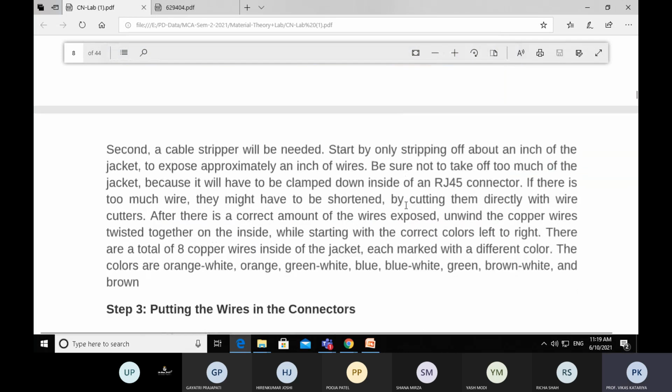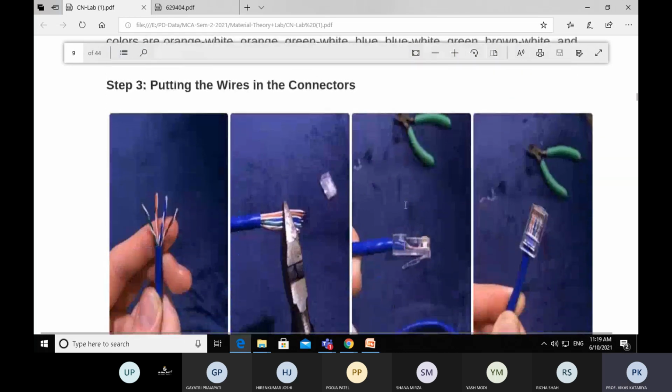Now step 3, putting the wires in the connectors. First separate all the wires, straighten all the copper wires, then arrange them in a particular color combination, which depends on what kind of connectivity you want.